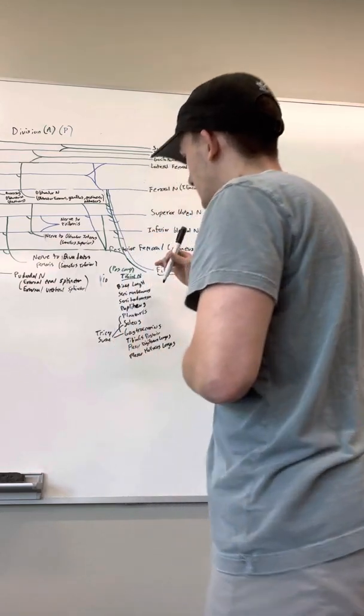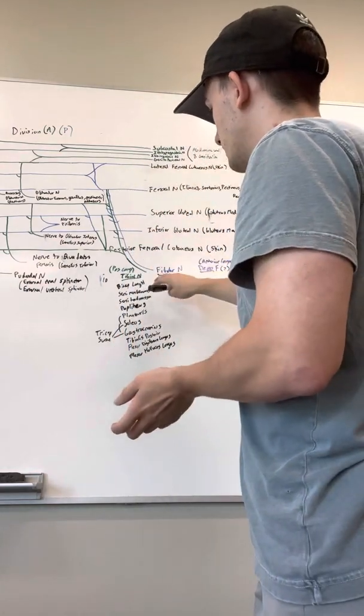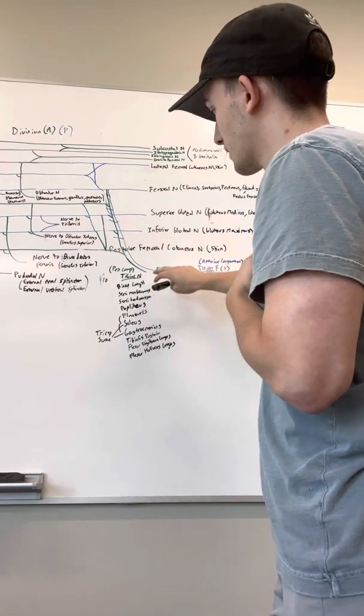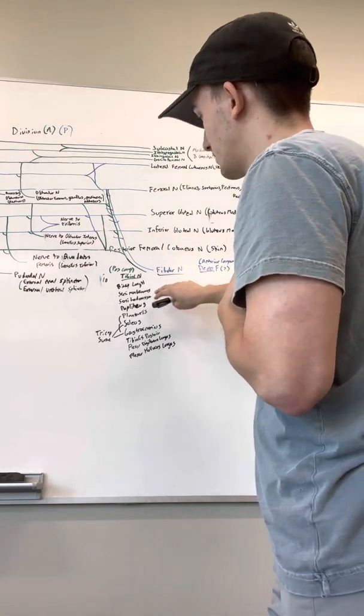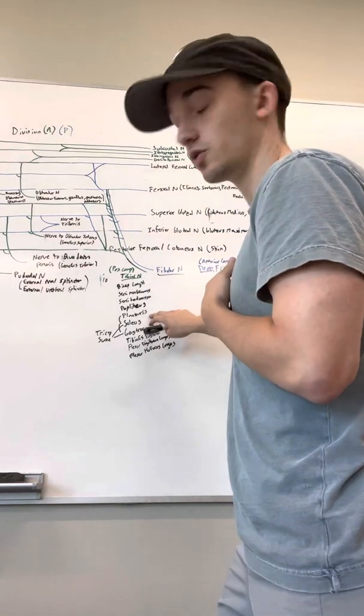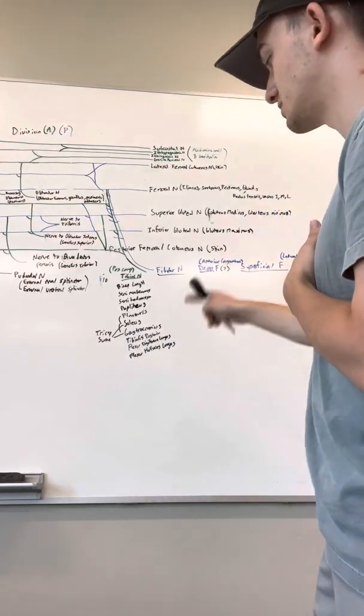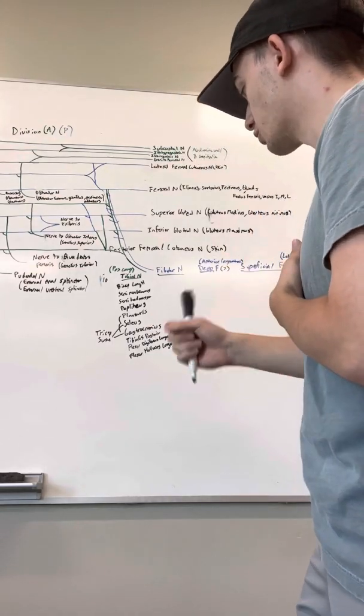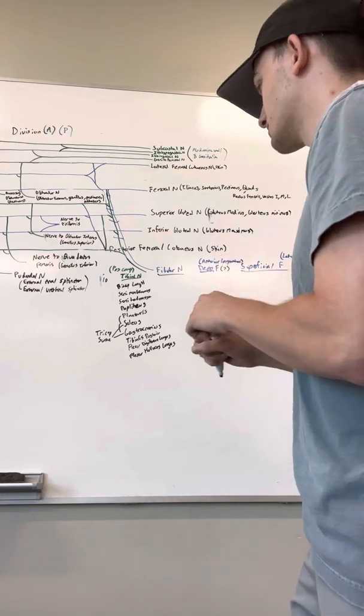So again, the 10: the tibial nerve innervates the biceps femoris long head, semimembranosus, semitendinosus, popliteus, plantaris, soleus, gastrocnemius, tibialis posterior, flexor digitorum longus, and flexor hallucis longus.